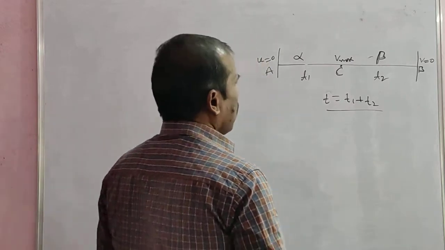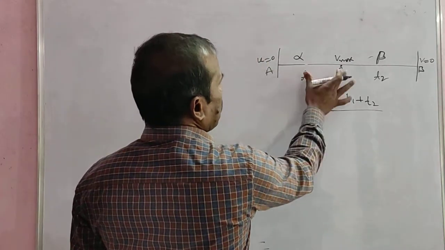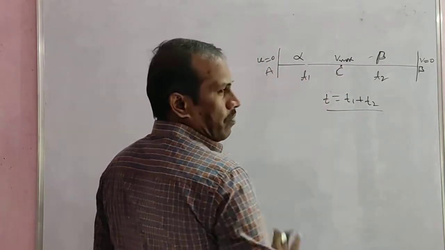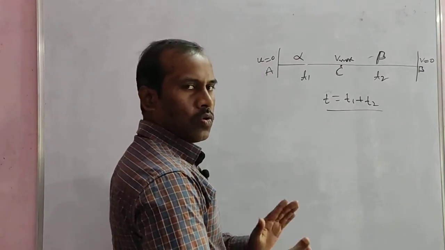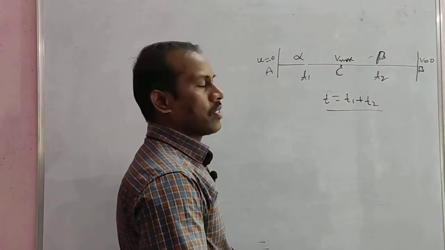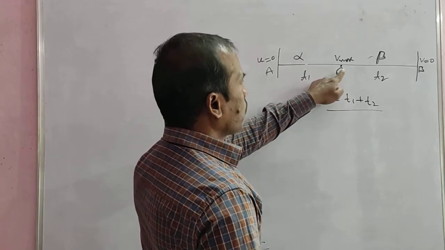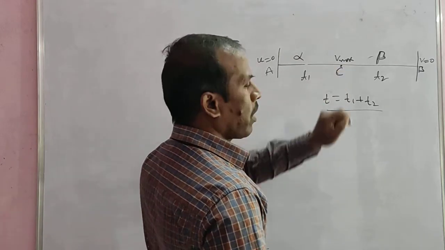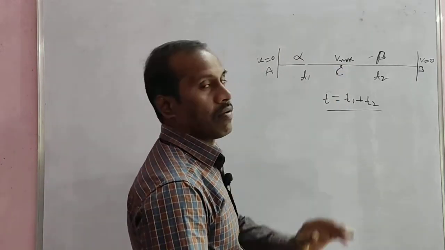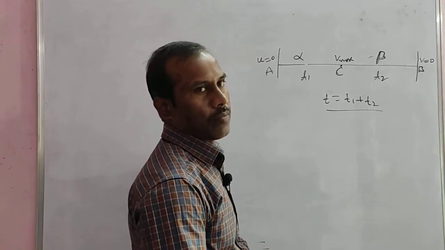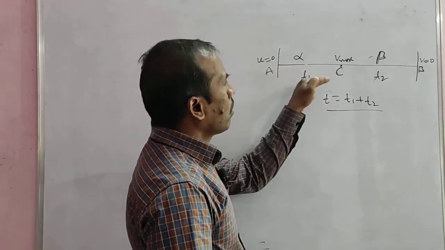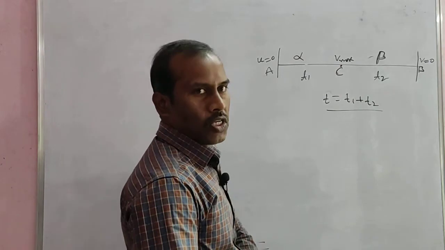Here between AC, initial velocity u is equal to 0, starting point, that means the rest position. The maximum velocity to reach point C, so at point C final velocity v is equal to maximum velocity. So the bus moves along the straight line with constant acceleration alpha.